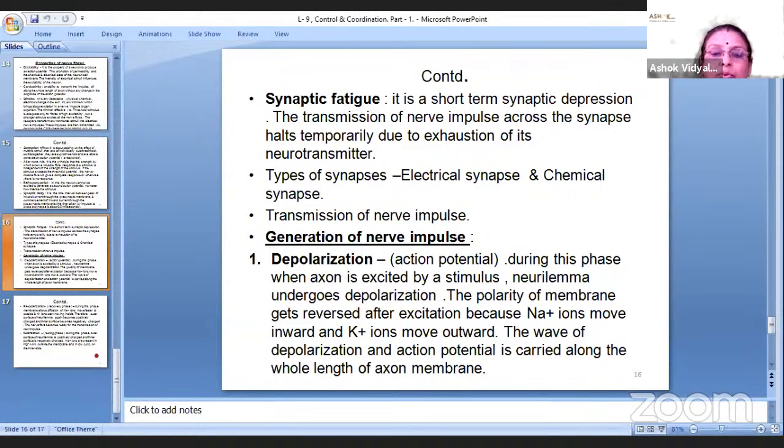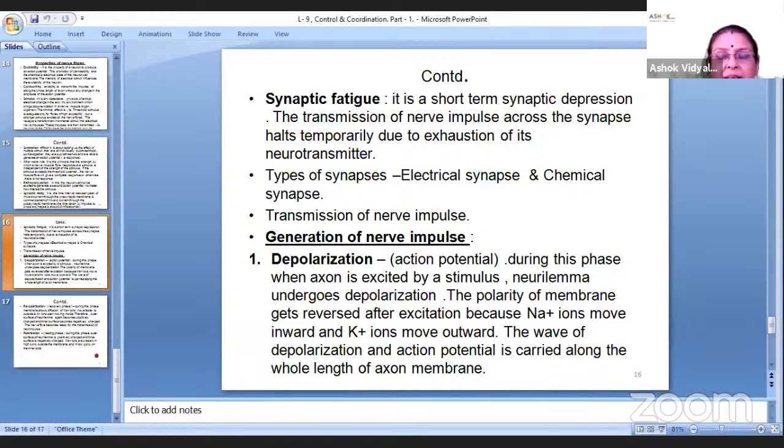The next one is on stimulation. That was the resting phase. Now what happens on stimulation? The membrane becomes freely permeable and causes the rapid influx of sodium ions. This makes the inner side positively charged, and when it becomes positively charged, it is known as depolarization.